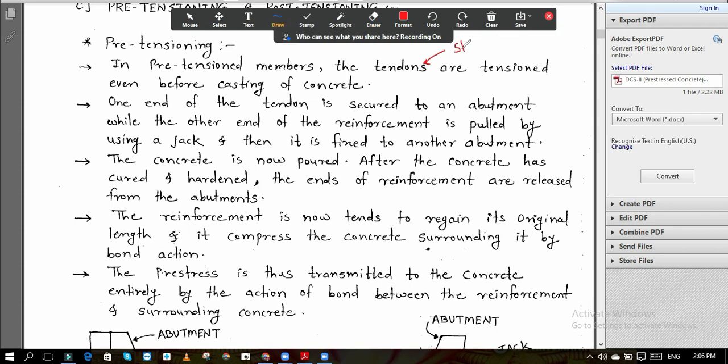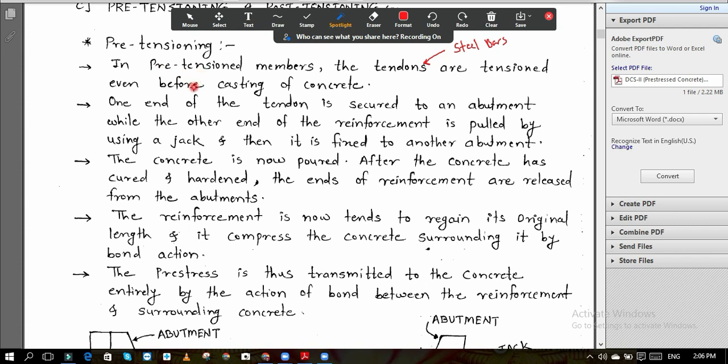In pre-stressed concrete, steel bars are called tendons. Those are called tendons. Now the name itself suggests that pre means before, so it is tension before.